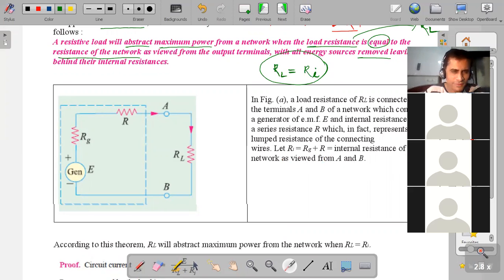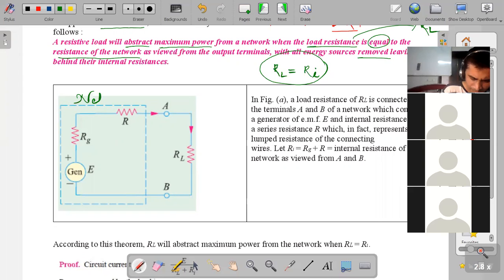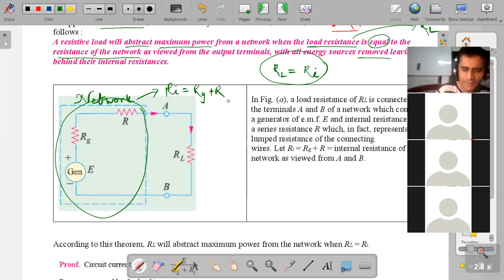See, dear student, this is the network. See this dotted line. This is your network. And for this network, resistance Ri is equal to Rg plus R. Why am I adding R?